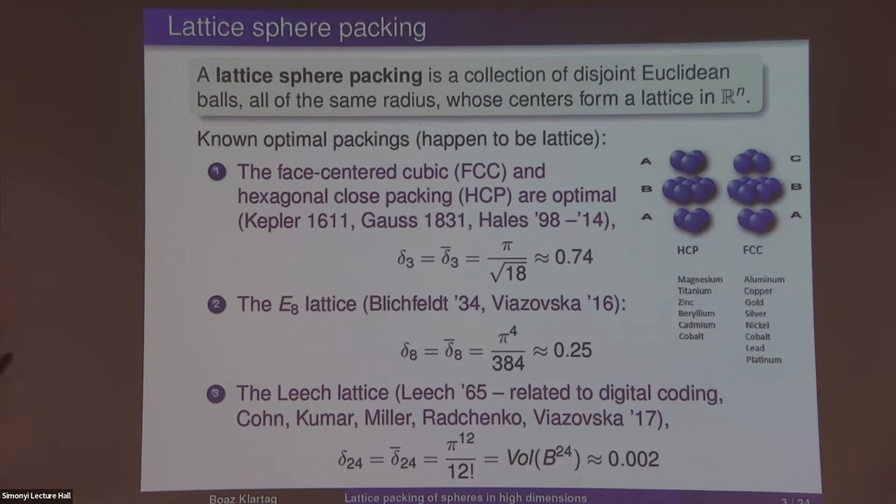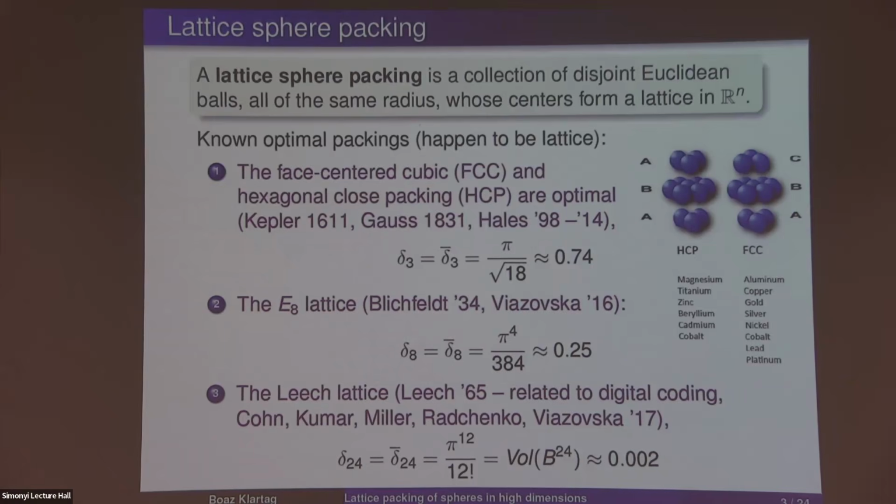So this problem acquired new connections, and there are also connections to group theory, to finite simple groups. The mathematician John Leech discovered in 1965 a new remarkable highly symmetric object in dimension 24.